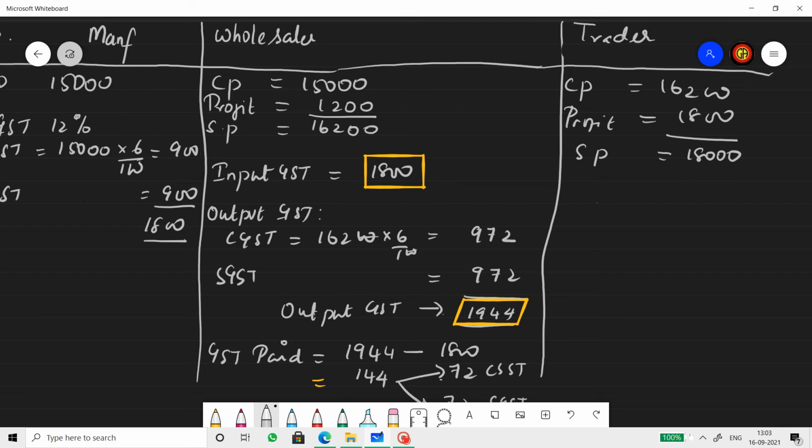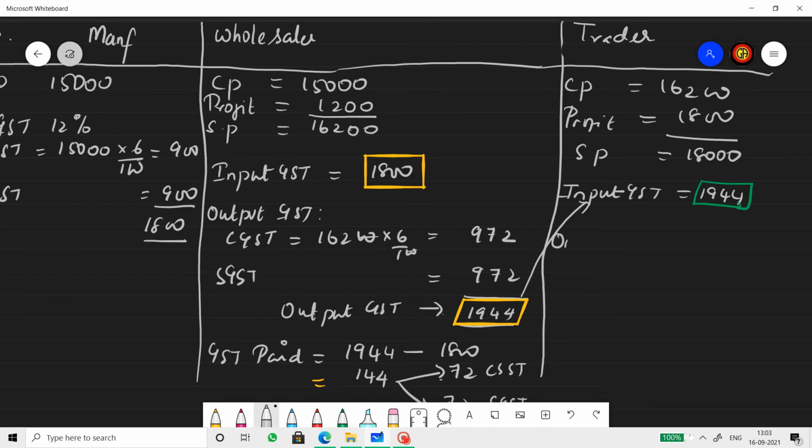Selling price is 18,000. What is the input GST of the trader? Well, the output GST of the wholesaler will become the input GST of the trader. So I'm just going to copy this figure here. So input GST will be 1944. Make a point to that, and then let's find out the output of the trader.